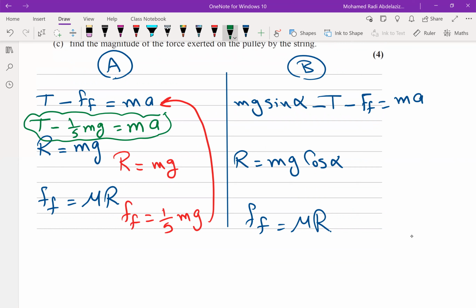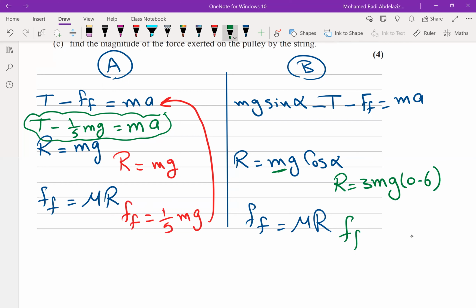For the second equation, we start the same way from here. R is, the mass is 3m times g times cosine alpha, which is 0.6. And the frictional force is equal to the coefficient of friction, which is 1/3, given here.